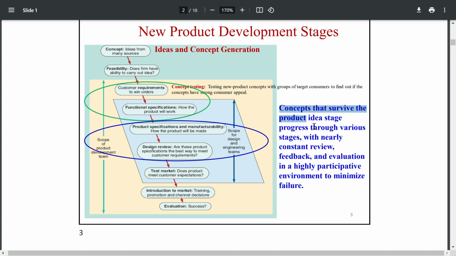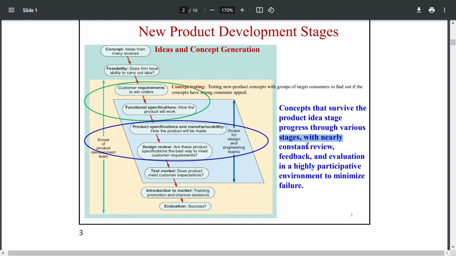And also, if we say that the idea is good, doable, and feasible, we can go through with the next stages after constant review, feedback, and evaluation. We need to minimize failure, so we don't want our product to fail.